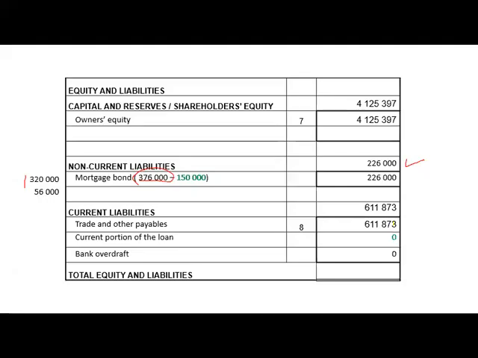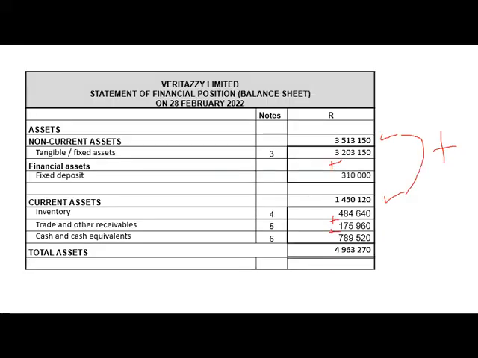I am going to take that and add it with non-current liabilities and add it with current liabilities, which is your accounting equation, by the way. And it'll give me my total equity and liabilities, which will be 4,963,270.